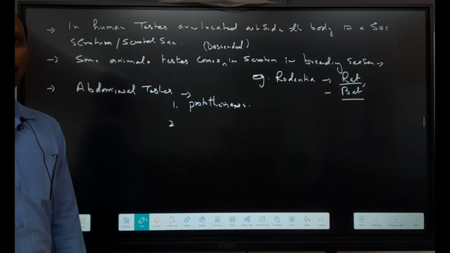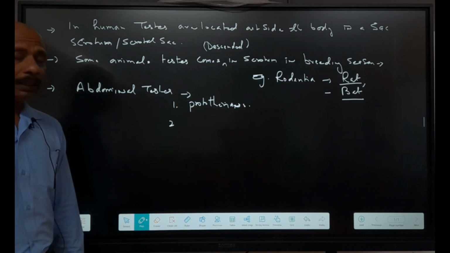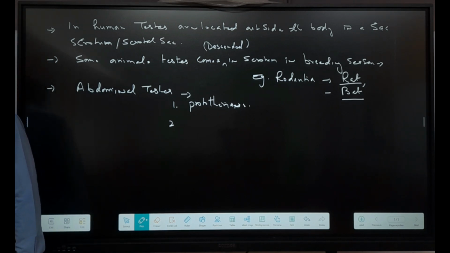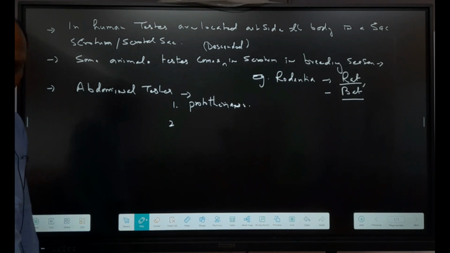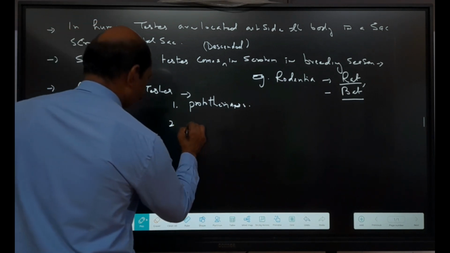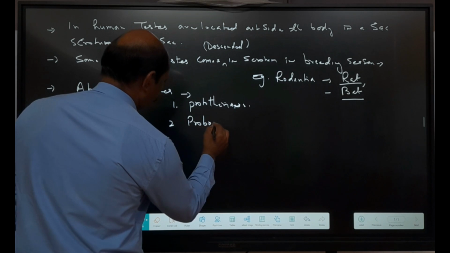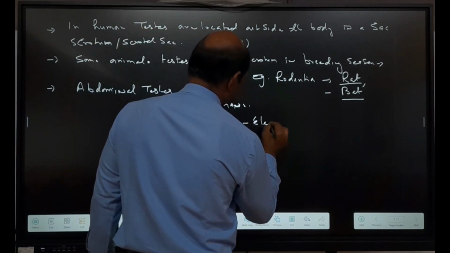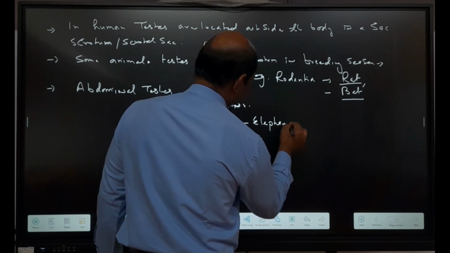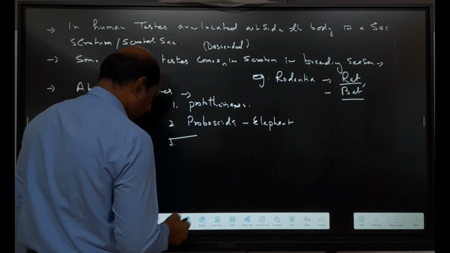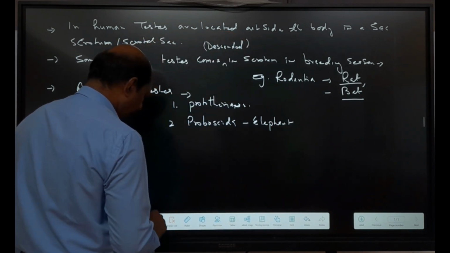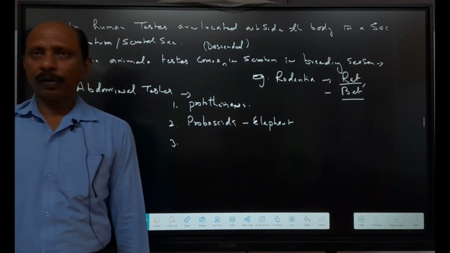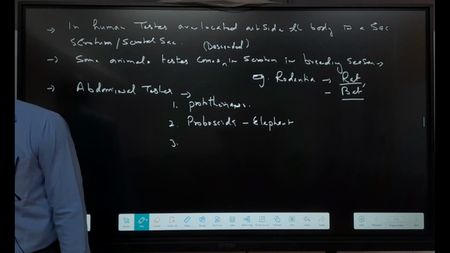Another example is the elephant, order Proboscidea. Another is aquatic mammals, Cetacea, as for example the blue whale or dolphins.